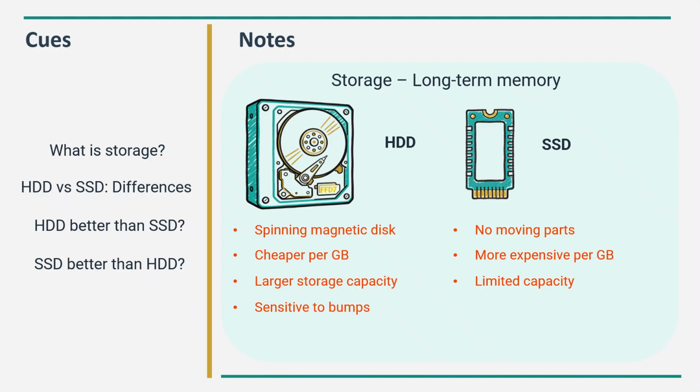The HDD, which is sensitive to bumps, is not ideal for portable devices, while the SSD is. And then lastly, you use HDD for long-term storage or archiving, and SSD unfortunately has a limited write or read cycle. The same memory is used in memory sticks, which explains why they break that easily.